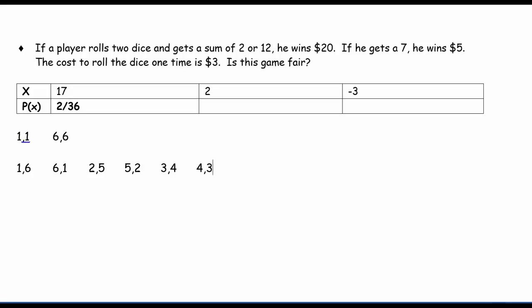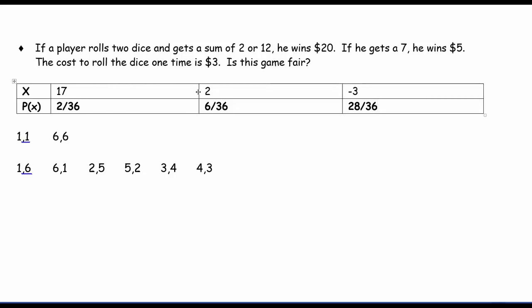At that point, we've got them all. There's no other way to get a 7. So that would be 6 out of the 36 possibilities. Of the 36 ways this could happen when we roll these two dice, we've already accounted for 8 of them. So 36 minus 8 is 28. So for 28 out of the 36 possibilities, you end up getting nothing.